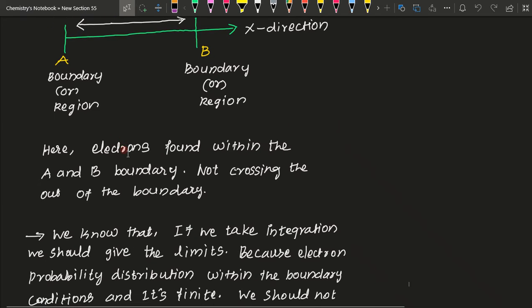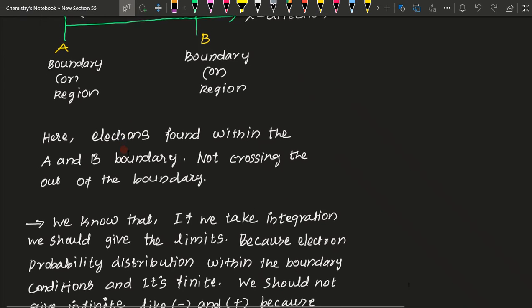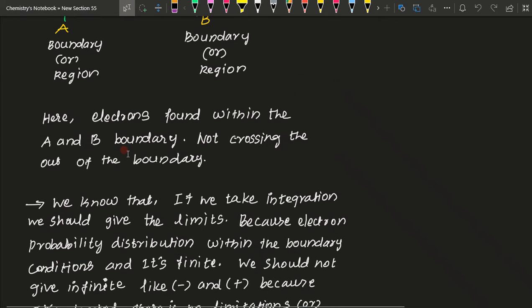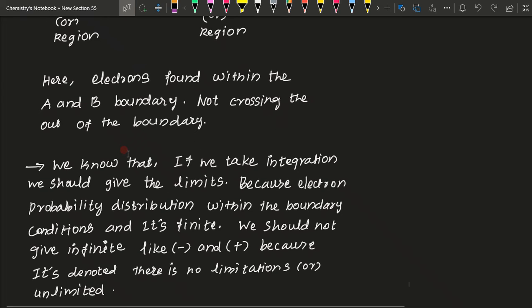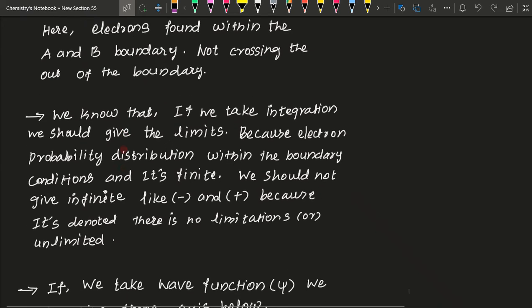Next, we know that if we take integration, we should give the limits, because the electron probability distribution is within the boundary condition and it is finite. We should not give infinite limits like negative and positive values, because that denotes no limitation, or unlimited.